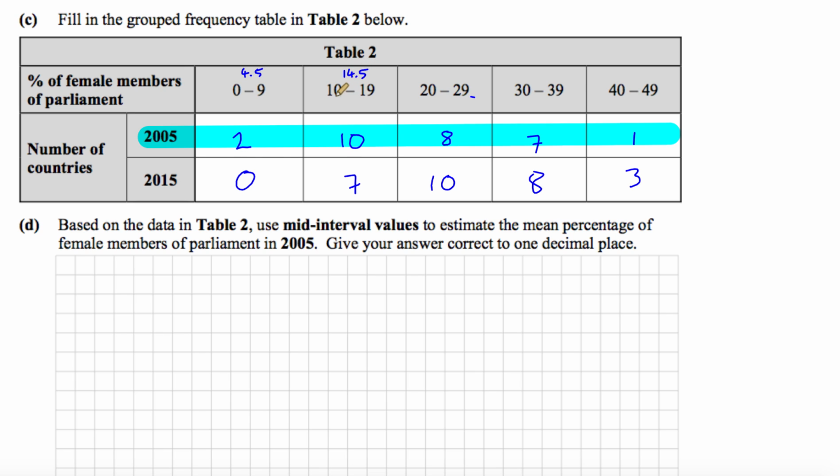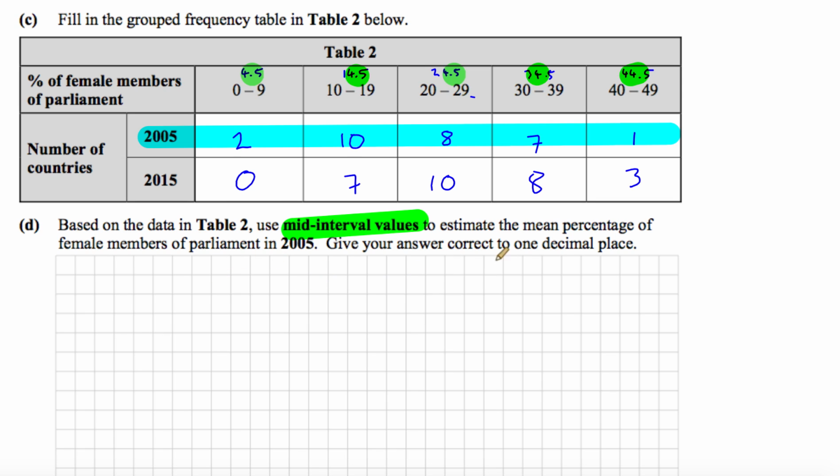You can just add the two numbers and divide by 2 also. 20 to 29, that would be 24.5. 30 to 39 would be 34.5, halfway, mid-interval, and finally 44.5. So they'd be the mid-interval values. I'll just highlight them in a different colour, so that's our mid-interval values there, there, there, there, and there.